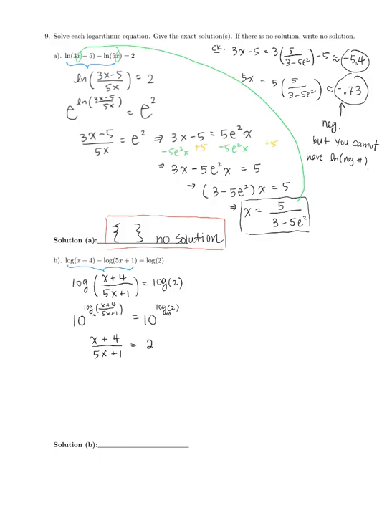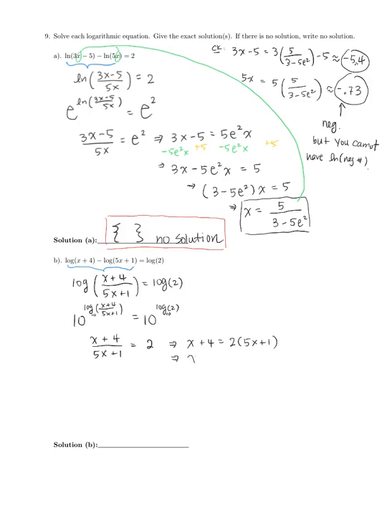Let's multiply both sides by 5x plus 1. So this implies that we're going to have x plus 4 equals 2 times 5x plus 1. Now what I'm going to do is distribute the 2 to each term.